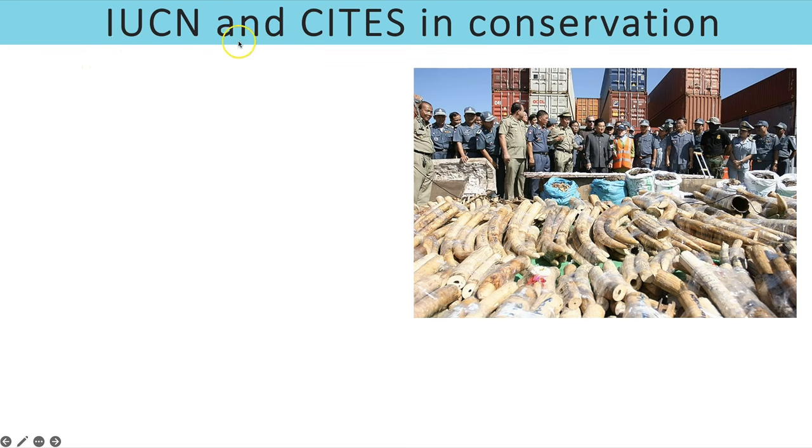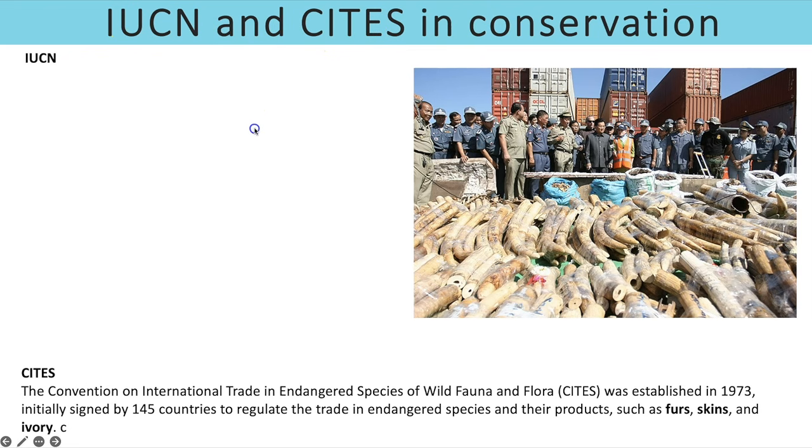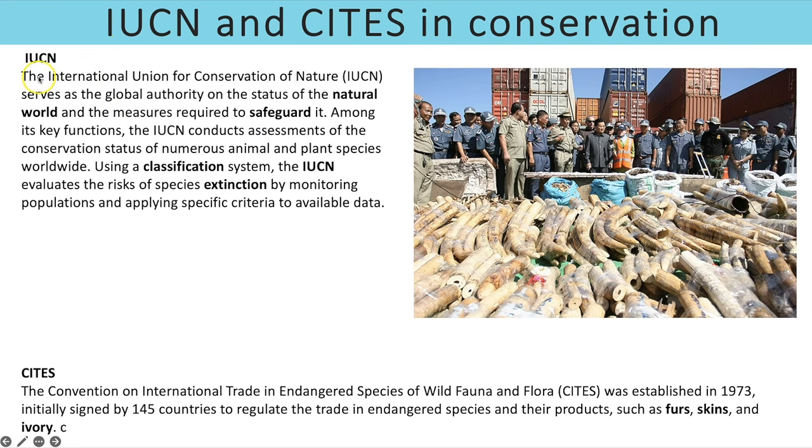Next up, we've got our IUCN and CITES, or sites, in conservation. So what these are then is the International Union for Conservation of Nature. This serves as a global authority on the status of the natural world and the measures required to safeguard it. So among its key functions, the IUCN conducts assessments of the conservation status of numerous animals.